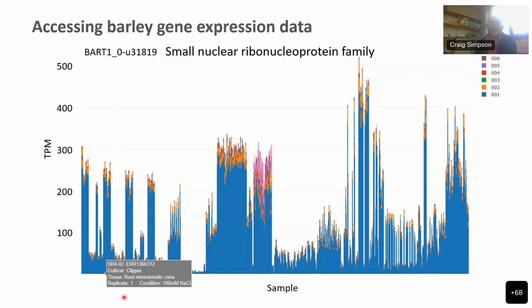For every sample we have a little metadata tab. So you can see here that you've basically got the RNA-seq sample set that was used. It shows the cultivar, and also gives you the tissue, what replicate, and then what sort of condition there was. So you can slide along these 843 samples, and you can see where all that information is coming from.